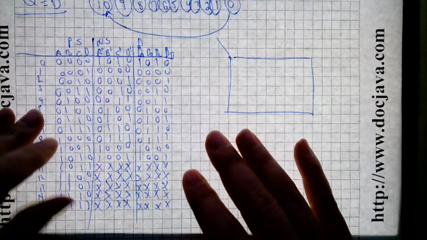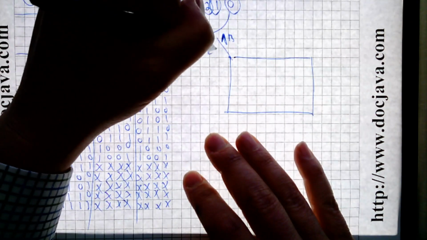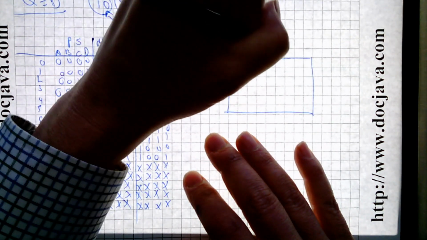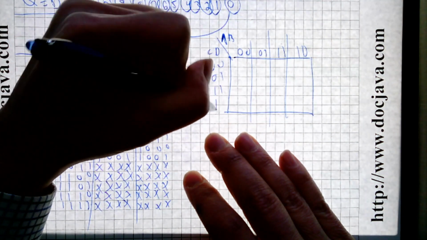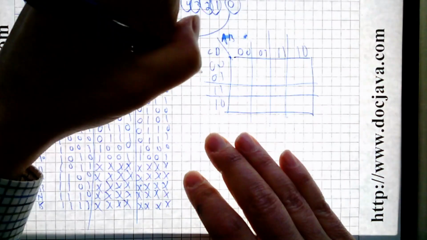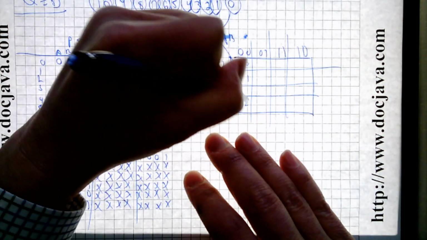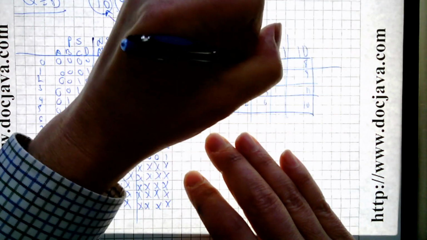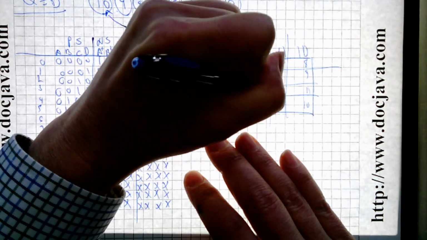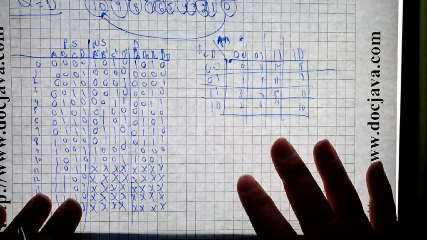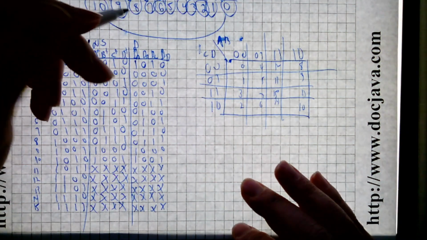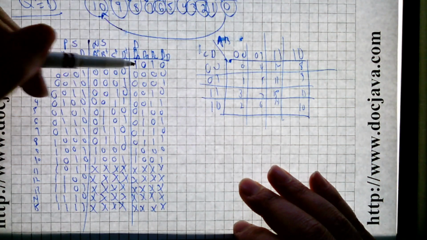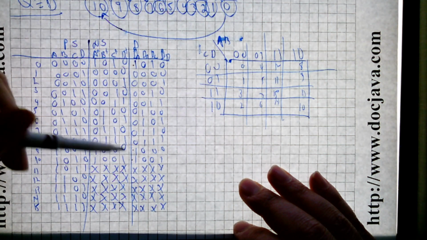Now you know why you have to learn your K-maps. Zero, 9, and 10.